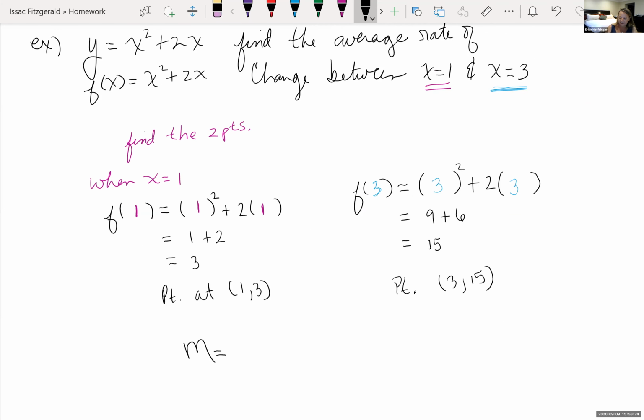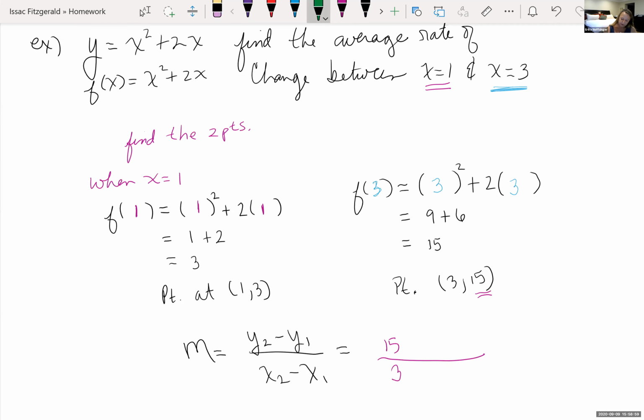The rate of change, another way to write this, is the change in your y value all over the change in your x value. So y sub 2 minus y sub 1 all over x sub 2 minus x sub 1. Be consistent: the point you start with for your y value is the same point you need to start with in the denominator for the x value. So if I started with 15 for my y value up here, I'm going to start with 3 down here for my x value.